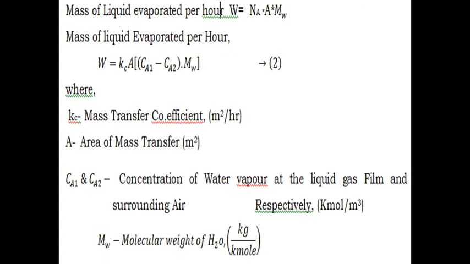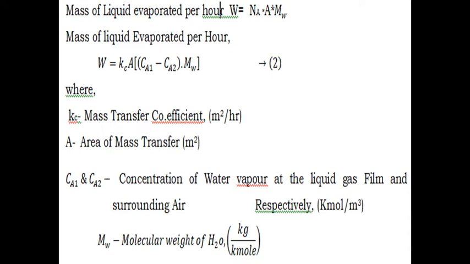Mass of liquid evaporated per hour, with notation W, is equal to flux into area into molecular weight. So W is equal to Na, that is Kc into Ca1 minus Ca2, into capital A into Mw.